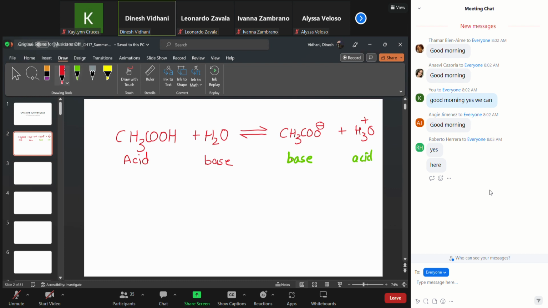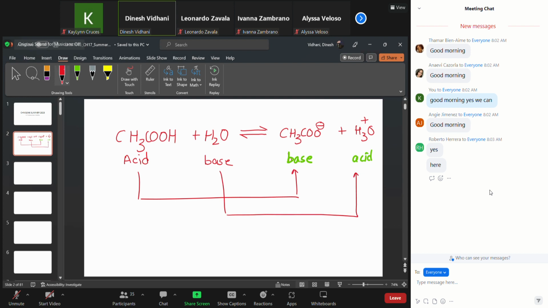So now we got conjugate acid-base pairs. That's what we have studied before, on the reactant and on the product side.